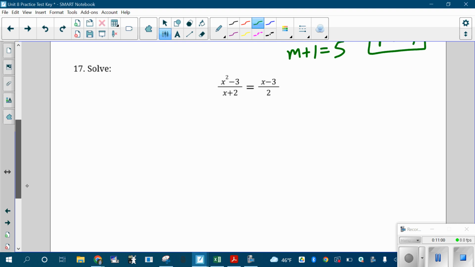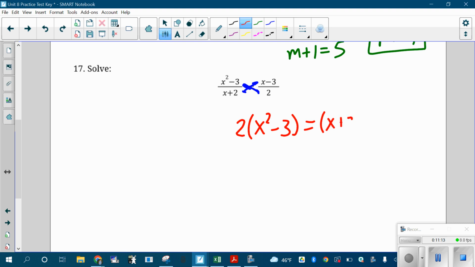For the last problem here, number 17, again, it's just a single fraction equal to a single fraction, so I'm going to cross multiply. This one's just going to be a little bit harder algebra. In order to solve this, I'm going to need to distribute both sides out so I can move it all over to one side potentially and solve it from there.